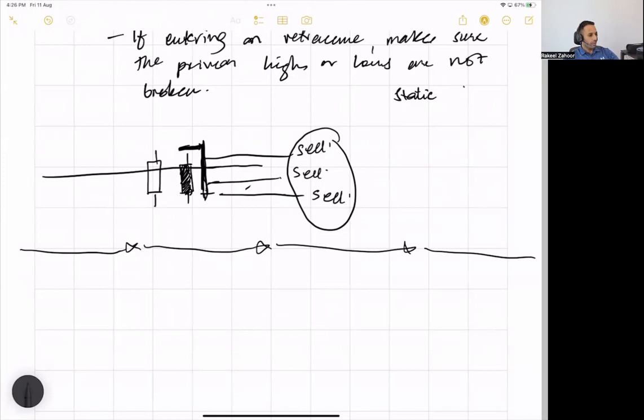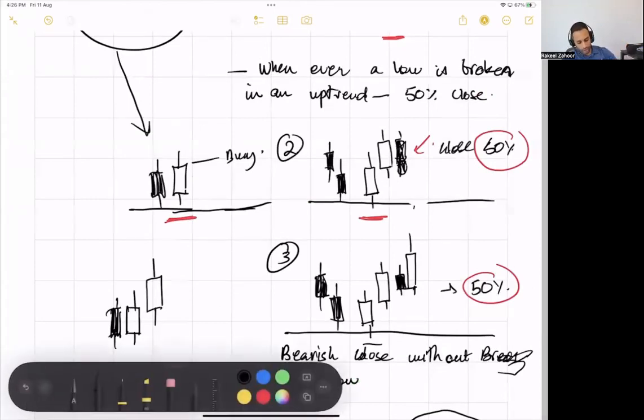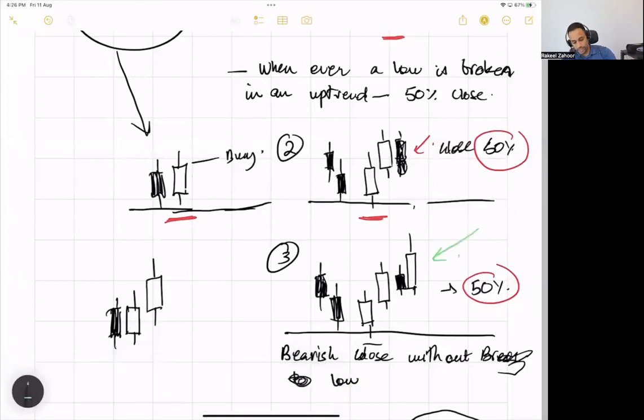Okay, perfect. So next, what we're going to talk about now is how to add risk back to the trade, right? So we talked about when to take risk off of the trade, which was in static risk right here, that price closes against you, you take risk off the trade, and now what to do if a scenario happens like this, where the candle goes in your favor.